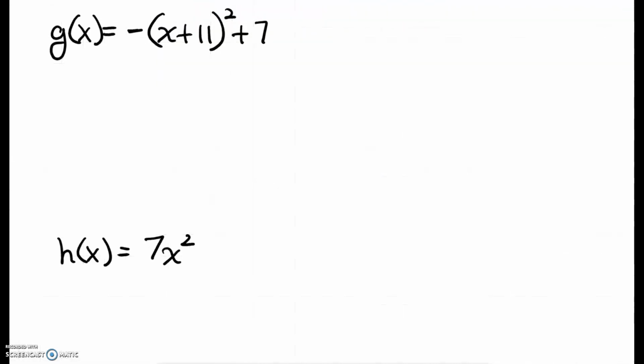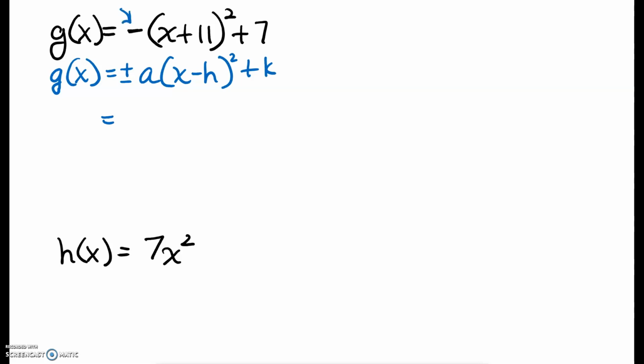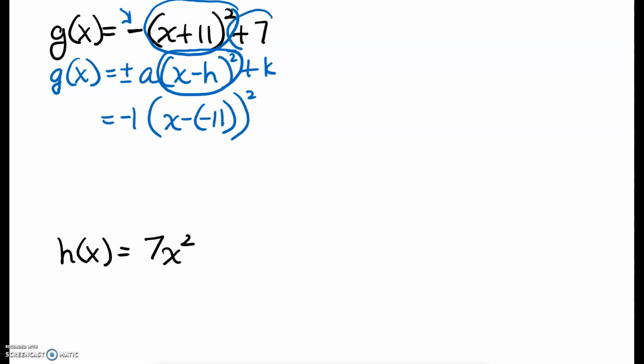All right, so let's check this one out. Is it in the right form for us to start? Plus or minus a times (x minus h) squared plus k. It looks like we need to fix something. That is a negative 1. Okay, so the squared term right here needs a subtraction in the middle, so I'm going to subtract a negative. And we're supposed to add something at the end, a plus 7. So this is h and this is k, so h equals negative 11, k equals 7.